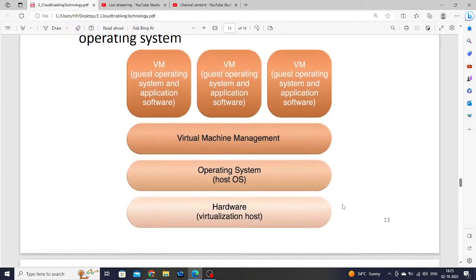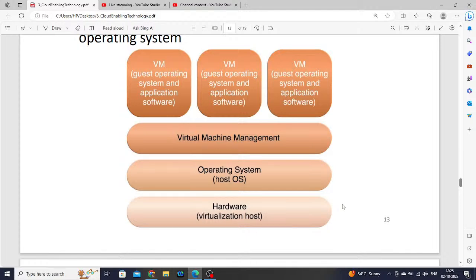VMs are generally for the upper layer, and that is virtual machine management. And then the operating system handles your application on your system. Okay, so that is handling and managing your application properly.